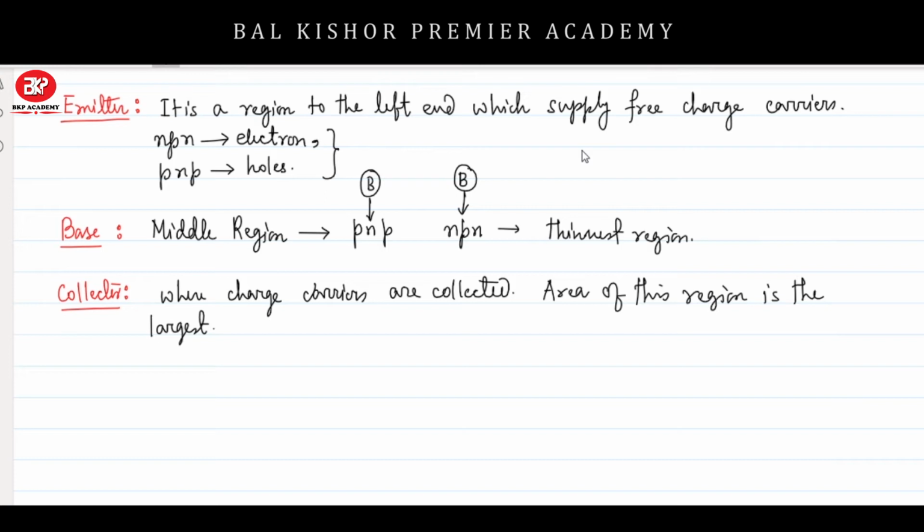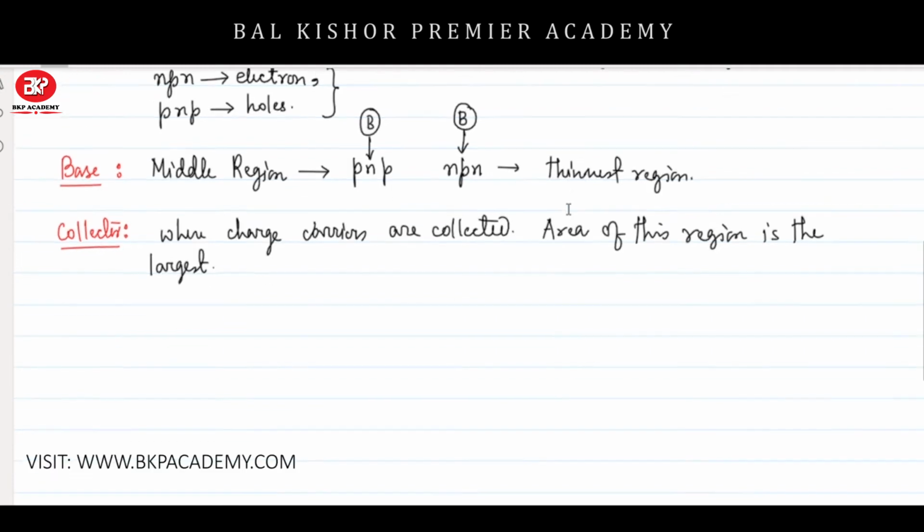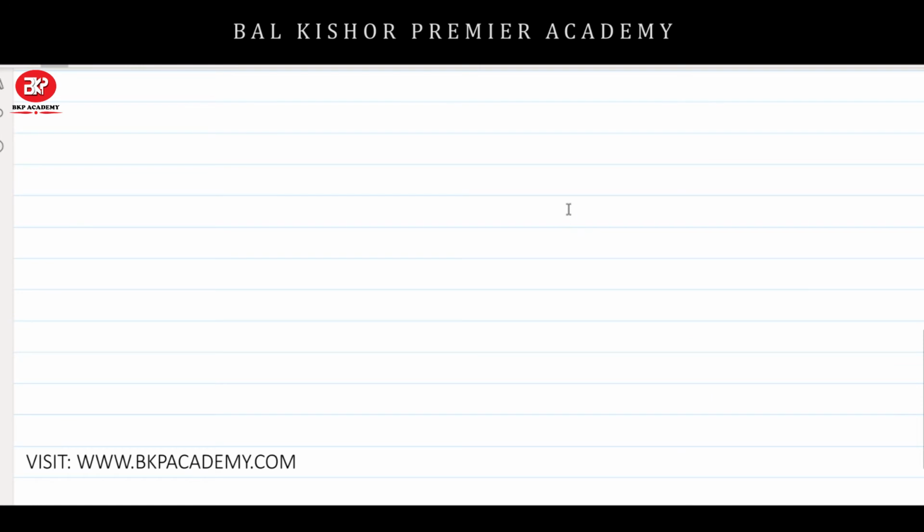Now let us see how these regions are formed inside the semiconductor. So let us see what will be the actual structure, or the device structure, of the BJT. So the next topic is the device structure.